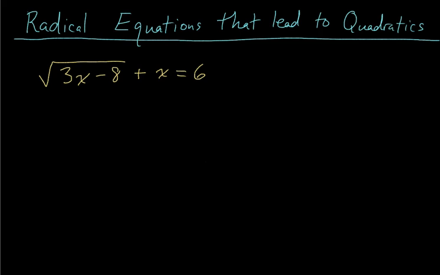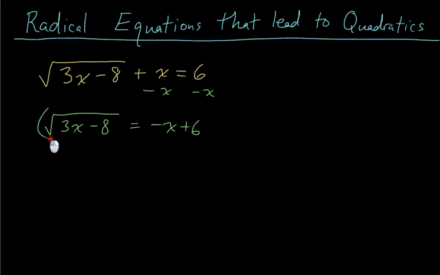All right. Well, first thing, we've got to get one side equal to just the square root, so we're going to move the x to the other side. So I've got the square root of 3x minus 8 is negative x plus 6.